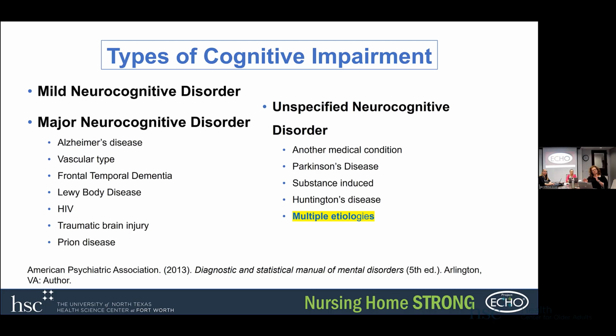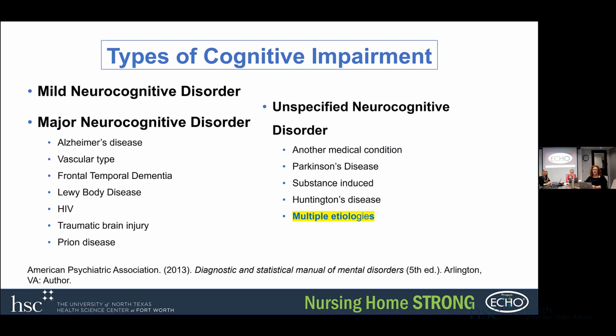Oftentimes the cutoff between a mild and a major neurocognitive disorder is not very clear. And so that's where having patients come to see us, a geriatrician or a psychiatrist or a neurologist or a neuropsychologist, can help determine where those cutoffs are. But we do look at specific areas in terms of memory and concentration and focus.